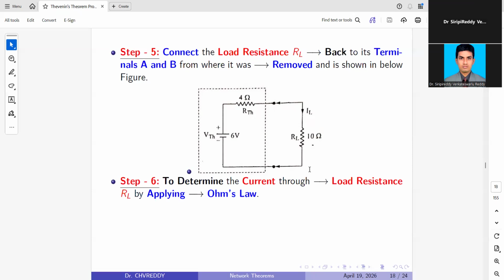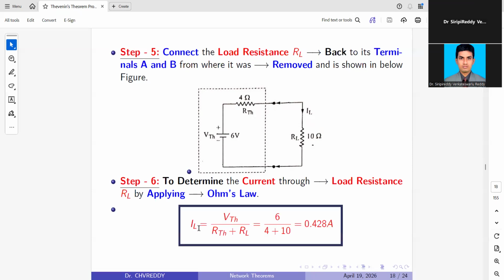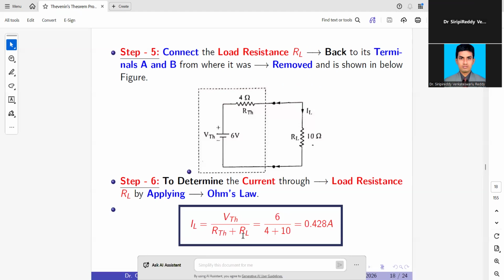So in step 6, determine the current through the 10 ohm resistor, that is your load resistance. If you observe this figure, RTH and RL are in series. According to Ohm's law, IL equal to VTH by RTH plus RL.